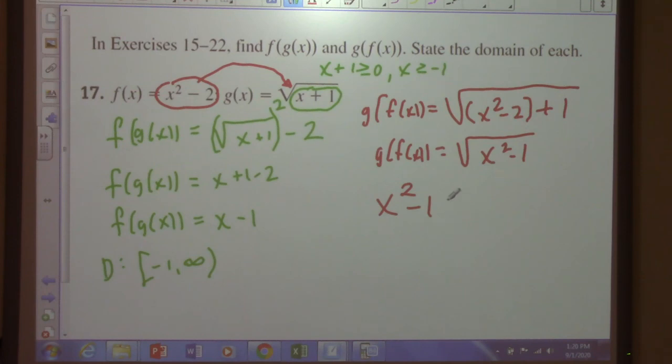Anything greater than 0. Actually, greater than or equal to 0. Okay. So we have this x squared is greater than or equal to 1. And so what is this going to translate into?